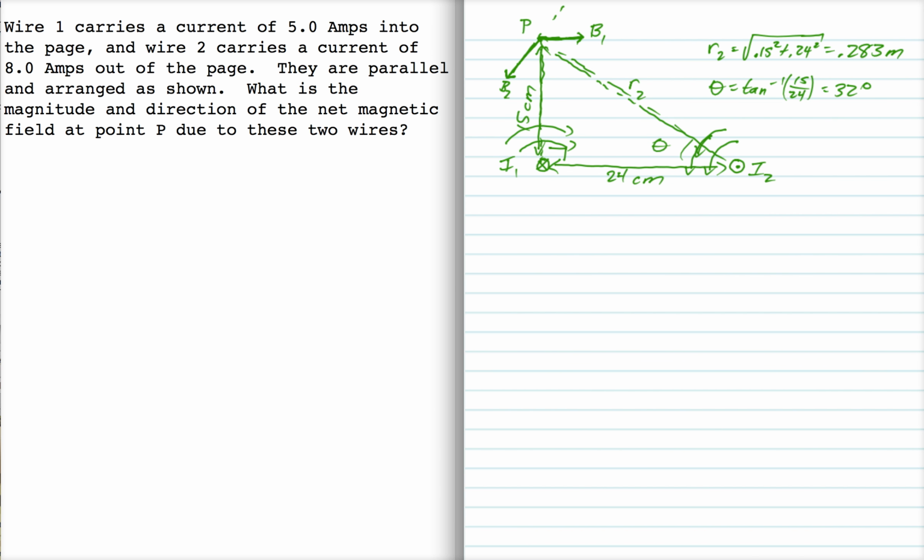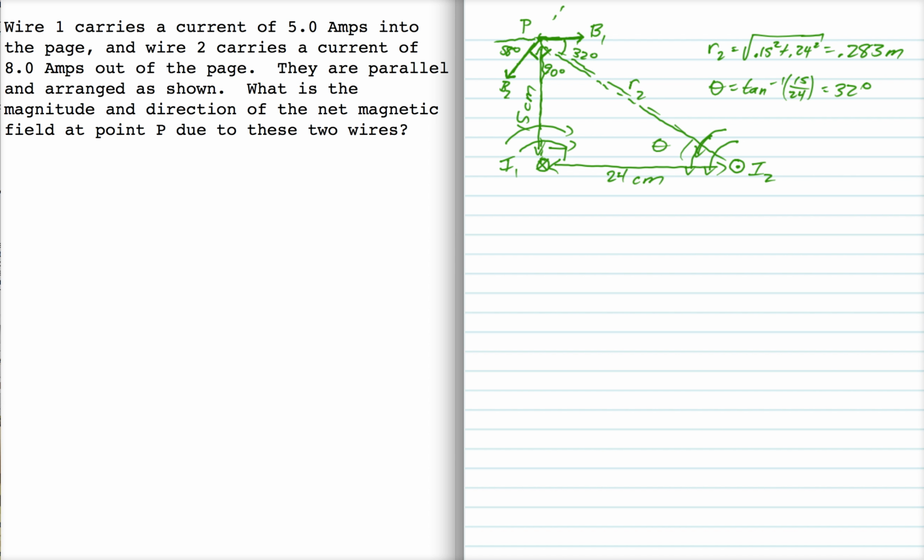Okay, now as far as angles are concerned, let's see. Well, this angle is 32 degrees. This angle here is 90 degrees. And so that means this angle must be 58 degrees.